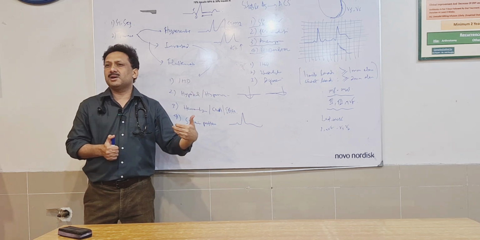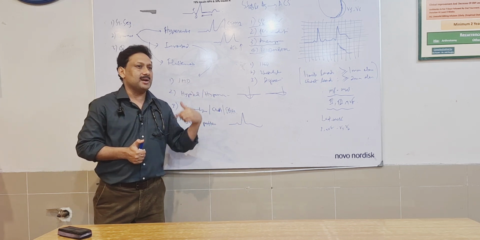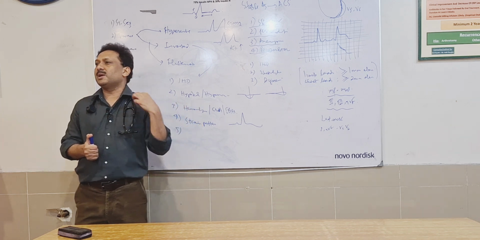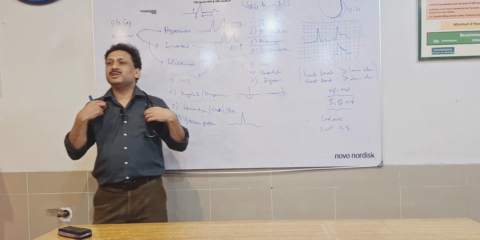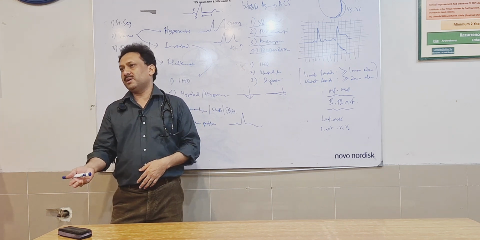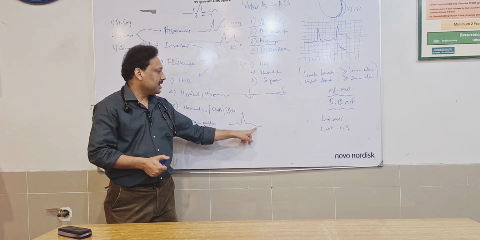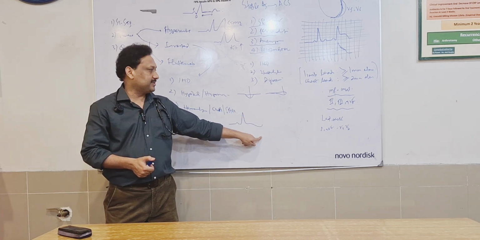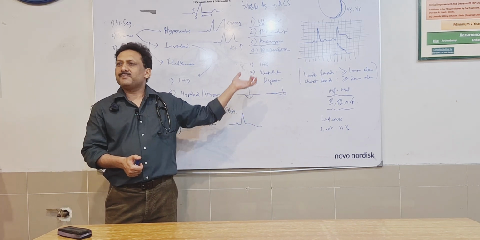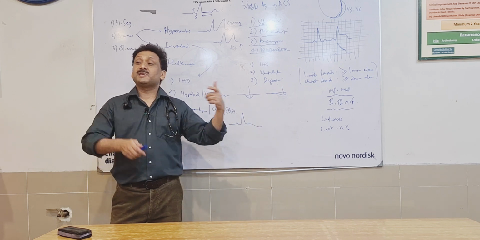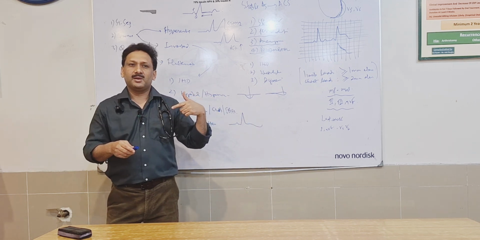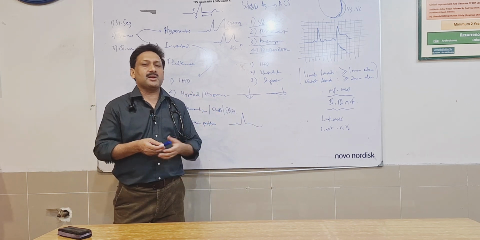Whenever strain pattern is there and somebody asks you what can be the underlying reason, you should immediately come up with an answer. There are chances that this person is having some pressure overload state, right? So remember this strain pattern, asymmetric T waves. And normally the T waves are symmetric. If somebody is having right ventricular strain, what are the leads which represent the right ventricle?